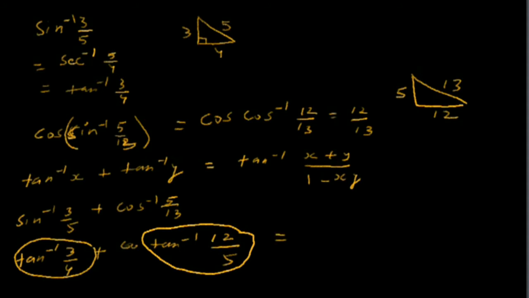You can apply the formula: tan inverse of x plus y, that is 3 by 4 plus 12 by 5, over 1 minus xy, 1 minus 3 by 4 into 12 by 5. Just see what is coming. So very easy, I recommend you just remember the formula of tan, and things will be easier for you.